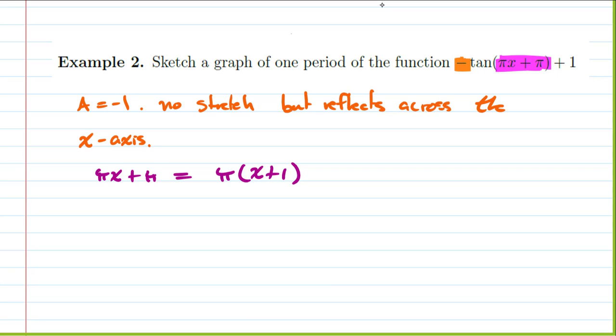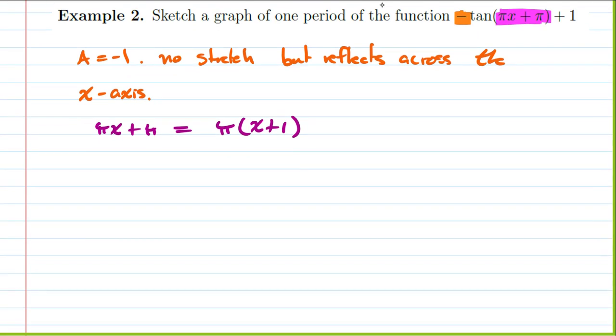So for our period, it is pi divided by b, which in this case is pi divided by pi.